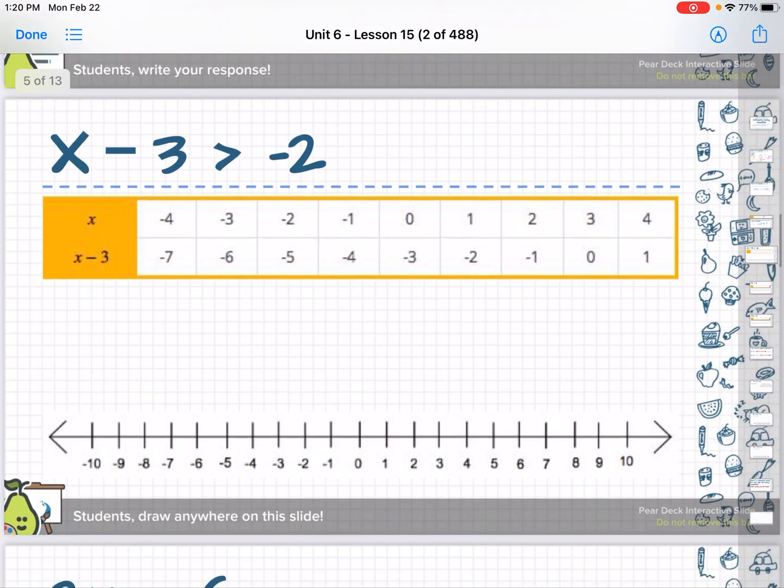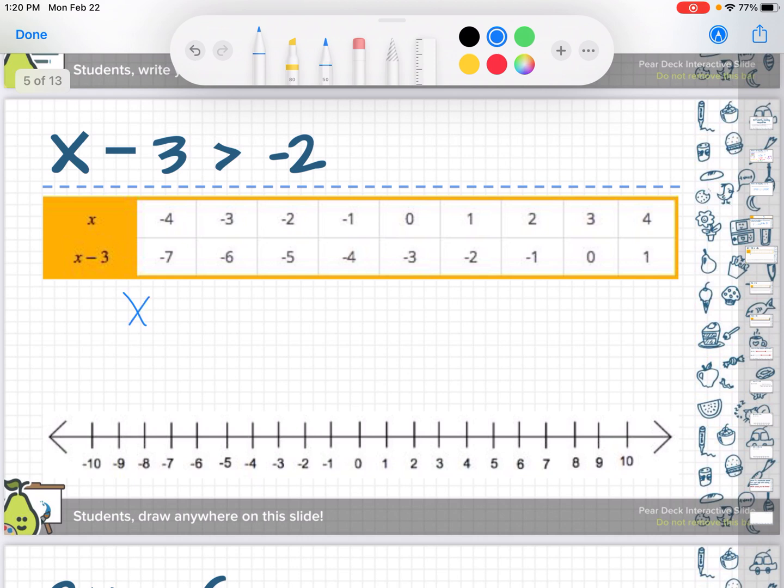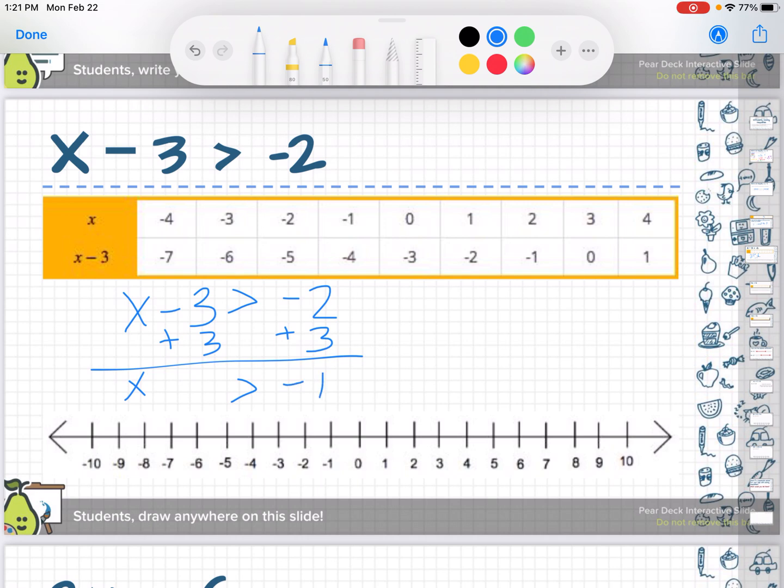All right, so if I'm going to solve this one, it says x minus 3 is greater than -2. So that means that I would add 3 to each side, and I figure out that x is greater than -1.